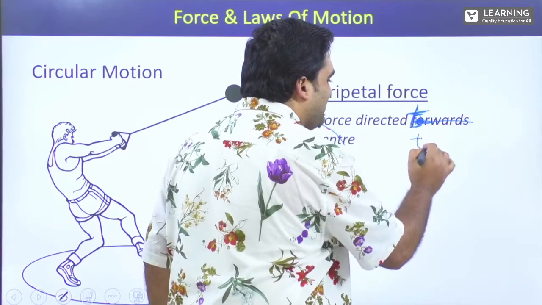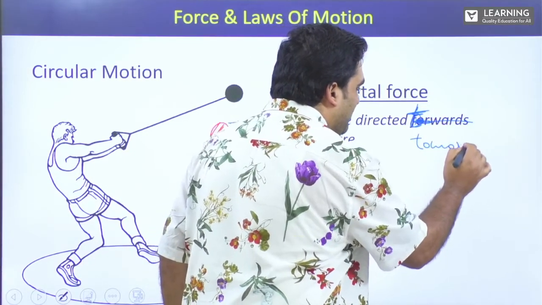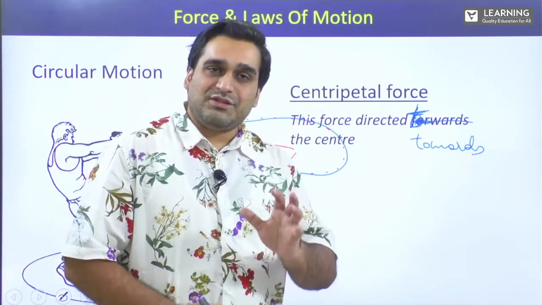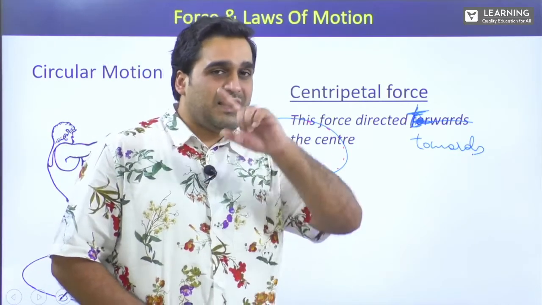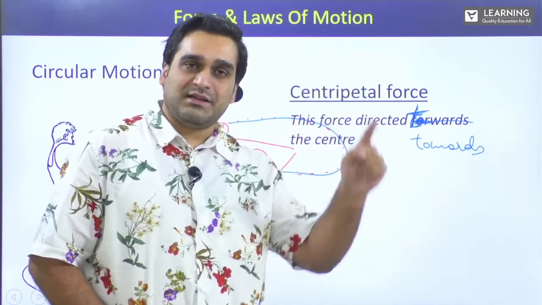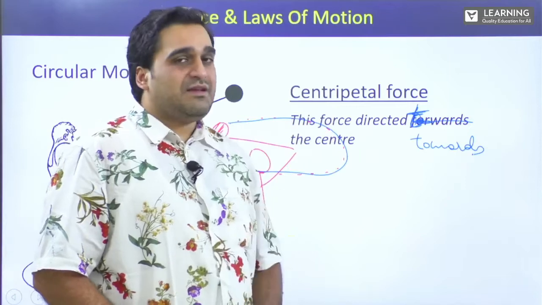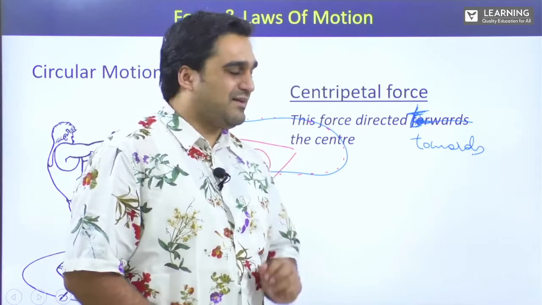A force directed towards the center in a circular path. A circular path has a certain radius to it, and along that radius is where the force will be acting.